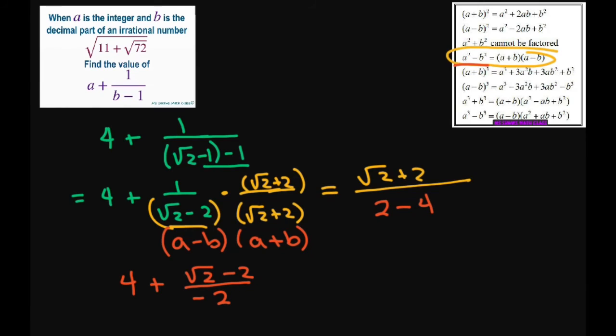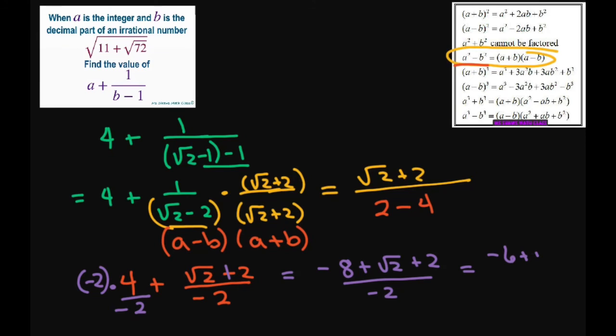All right, getting our common denominator, the common denominator is negative 2, so I have to multiply our numerator by negative 2. So this is going to give me negative 8 plus square root of 2 plus 2 divided by negative 2, which gives me negative 6 plus square root of 2 divided by negative 2.